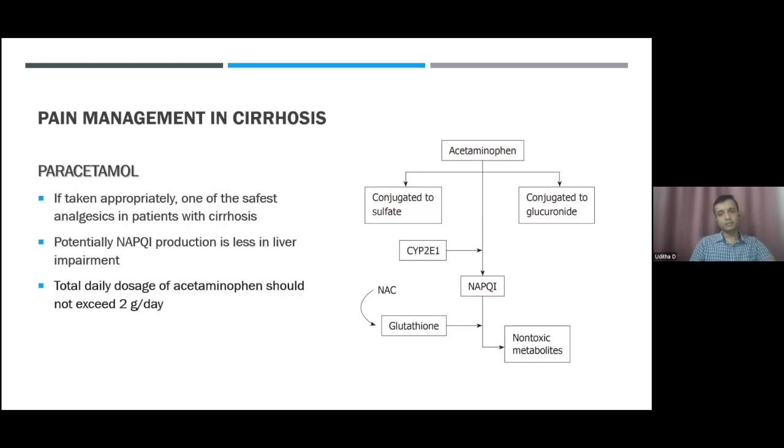But of course, in patients with cirrhosis, the production of NAPQI might actually be less because the responsible cytochrome P enzyme might be less active in patients with liver cirrhosis. But of course, that does not mean that we recommend the normal dose. We recommend 2 grams per day as the recommended dose.